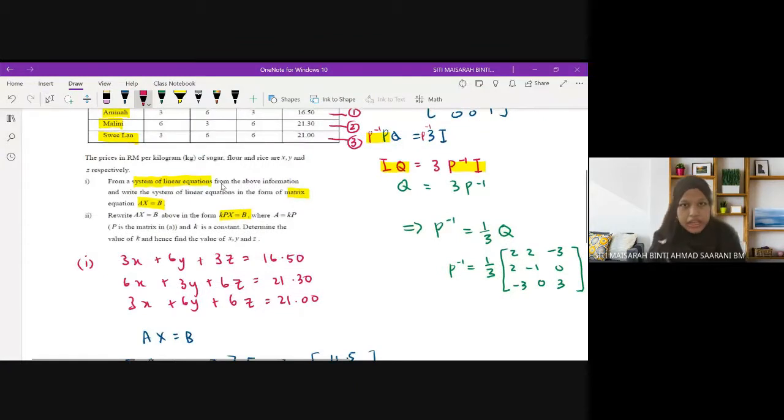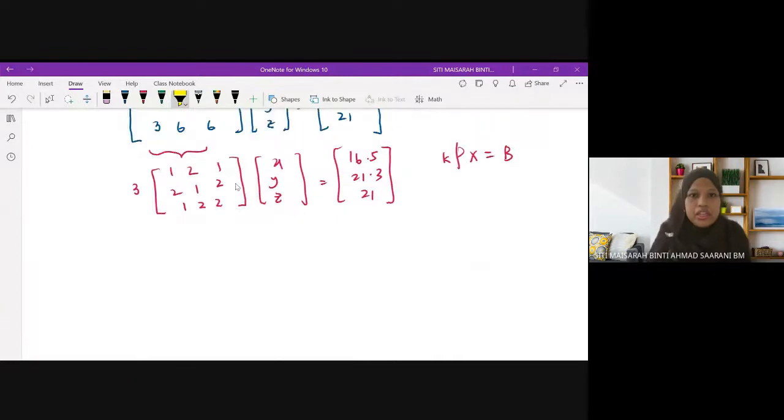Okay, and then where A is equal to KP, P is the matrix in A and K is a constant. Determine the value of K, hence find the value of X, Y, Z. So dia nak suruh cari K, nak cari X, Y, Z. Okay, so then kita ada kat sini, this is 3PX equals to B. So then we want to find K, dah tahulah kat sini K is equal to 3.